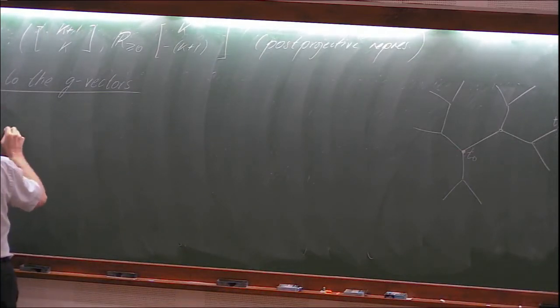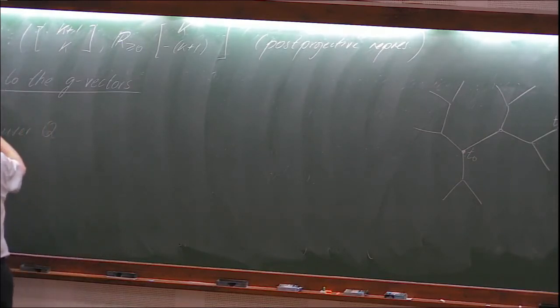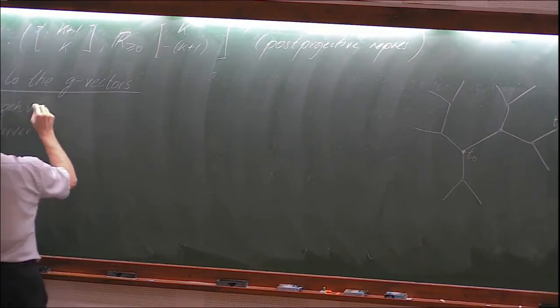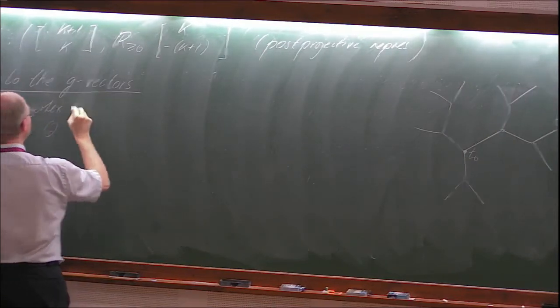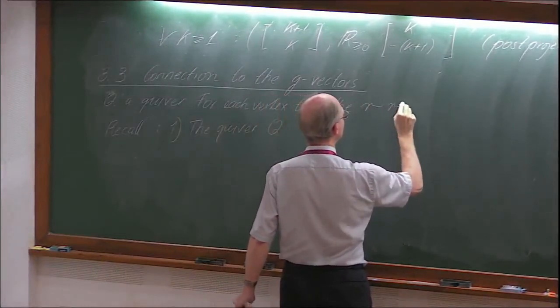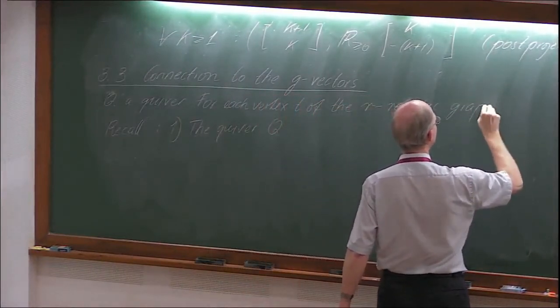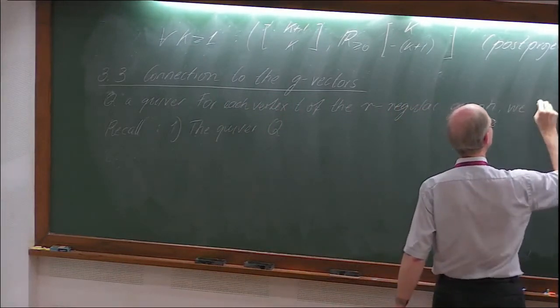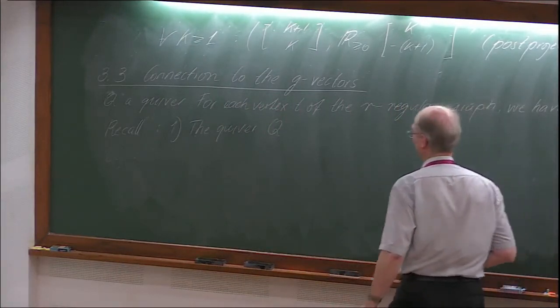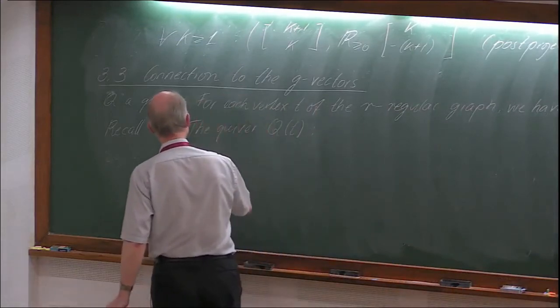So for each vertex T of the n-regular graph, we have the quiver Q_T, which is defined recursively.